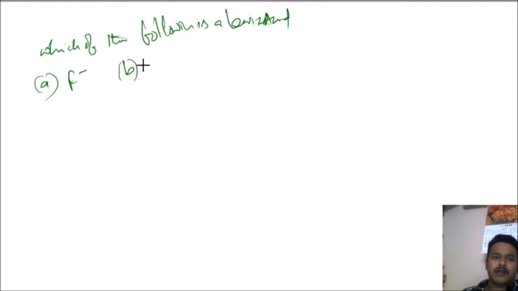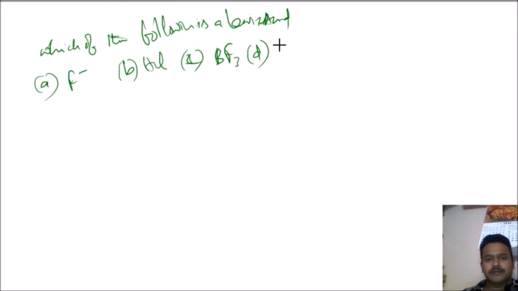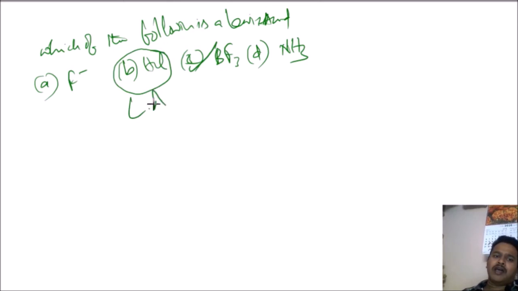B, HCl. C, BF3. D, something like NH3. Which is a Lewis acid? BF3 is a Lewis acid. Here HCl is an acid, but not a Lewis acid. BF3 can accept electrons, so it is a Lewis acid.